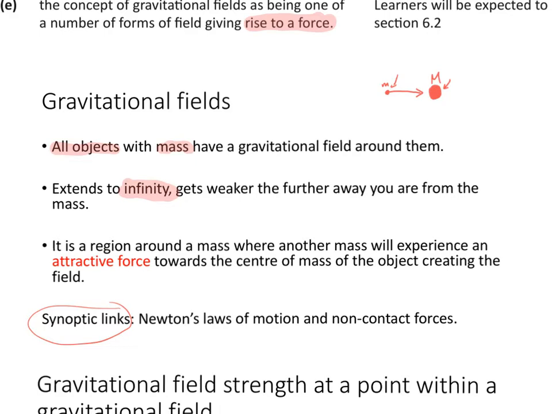But yeah, gravitational force is a non-contact force, so the objects don't need to be near each other, or touching each other for that matter, to experience that force. So the Earth and the Moon, or the Earth and the Sun, they're not close to each other or touching each other, yet they're attracting each other. So that's the idea behind non-contact forces.